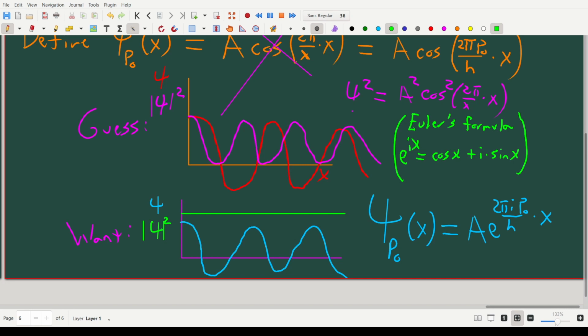Anytime you see e to an imaginary exponent, you can think sines and cosines. It's a complex number where the real part is a cosine and the imaginary part is a sine. So this has that sinusoidal property, but it's in the complex plane instead of the real plane. There's a cosine part and a sine part, real and imaginary axes, so there are two components.